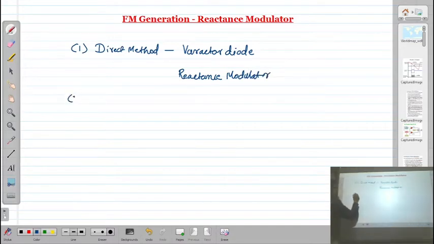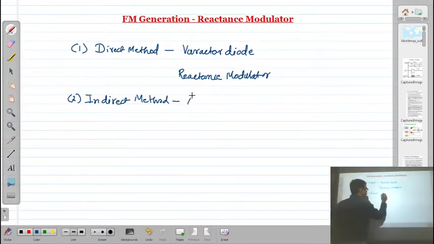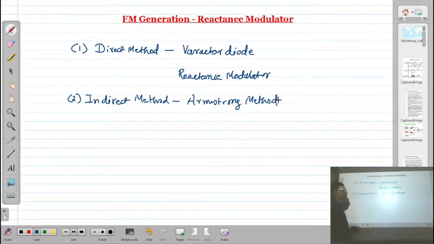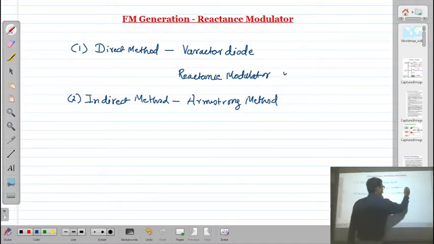The second method is known as the indirect method, and here the most popular method is the Armstrong method. But in this lecture, we are going to focus on the reactance modulator.